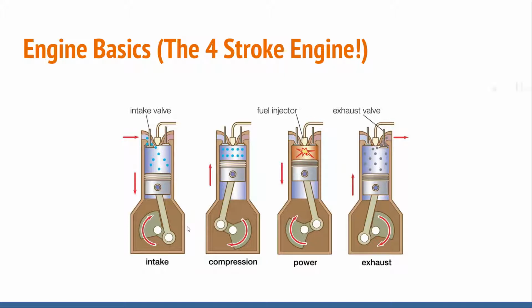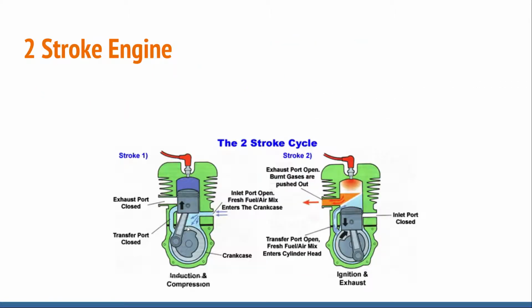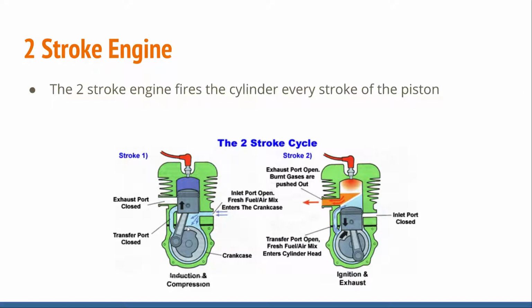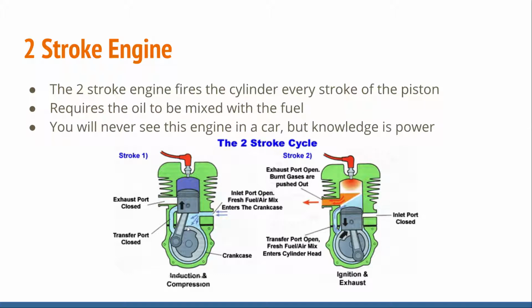Now, I just wanted to mention to you guys a little bit about the 2-stroke engine. The 2-stroke engine is not going to be something that you guys are really going to see. You'll never see this engine in a car, but knowledge is power. I just wanted you guys to know what sets a 2-stroke engine apart from a 4-stroke. 2-stroke engines are sort of becoming a thing of the past.